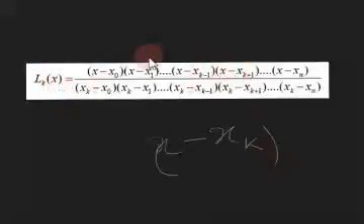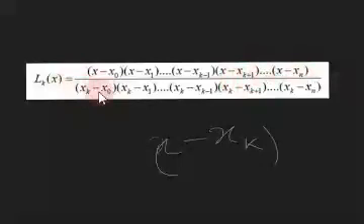Don't write this factor here; you write all the linear factors using these points, but you don't write this one. Next one, x minus x sub k plus 1, up to x minus x n.